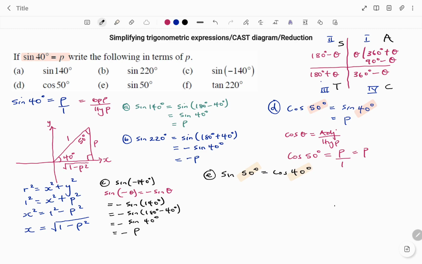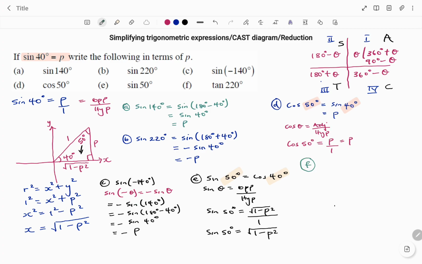Also, I can use the other method by going back to the diagram to say sine theta equals opposite over hypotenuse. Sine 50 degrees equals opposite, which for my diagram is the side facing my angle, so that will be root of 1 minus p squared over hypotenuse, which is 1, and that will give me sine 50 degrees equals square root of 1 minus p squared.